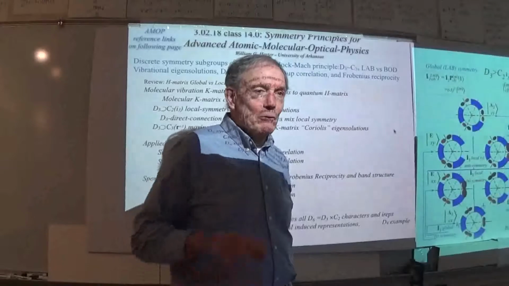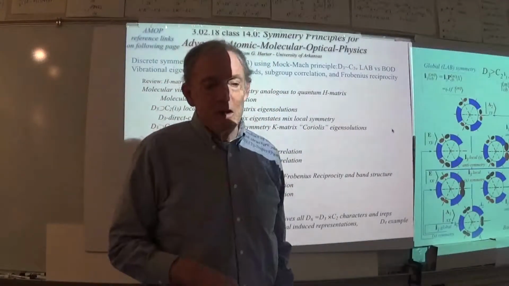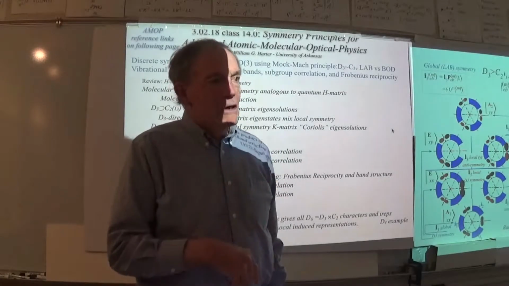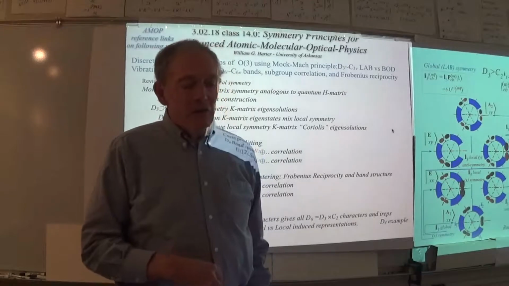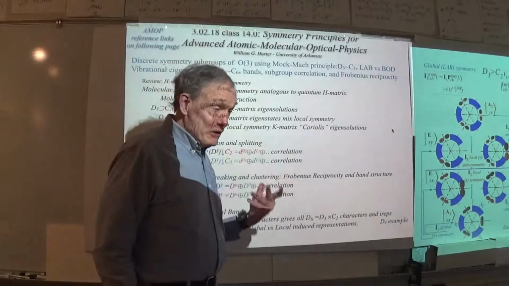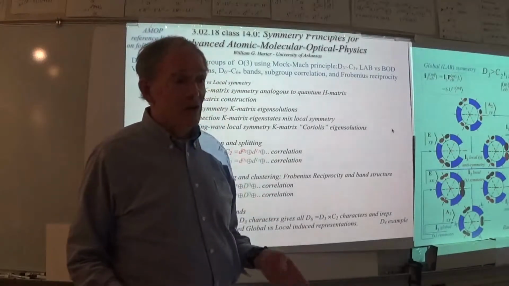You might recall when we were doing the first few classes, we talked about level clusters in molecular rotors. And today we're going to show the simplest examples of that in band theory of one-dimensional lattice.